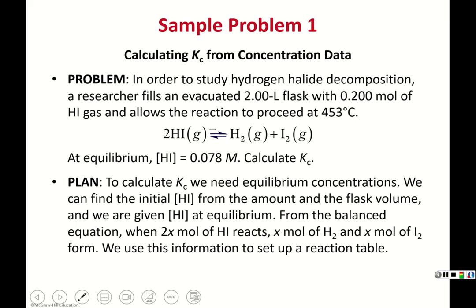At equilibrium, the HI concentration is 0.078 molar. Calculate K sub C. The information they give us is a volume and an initial amount of HI gas. With those, we can calculate a concentration.